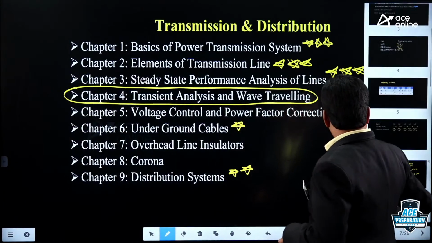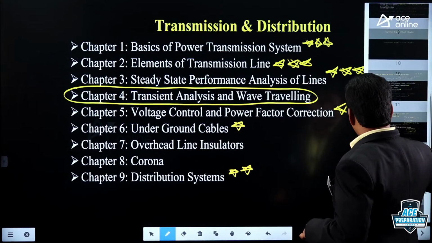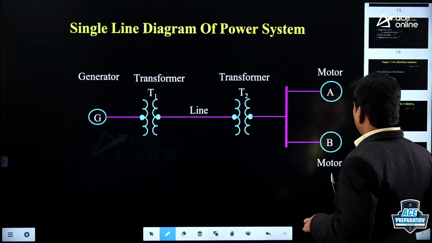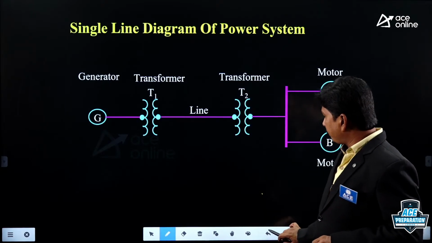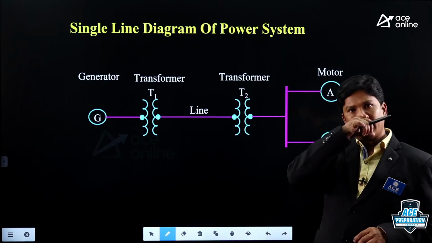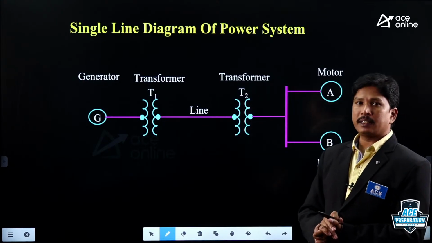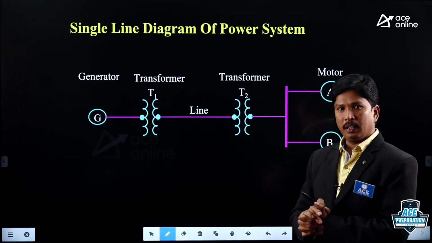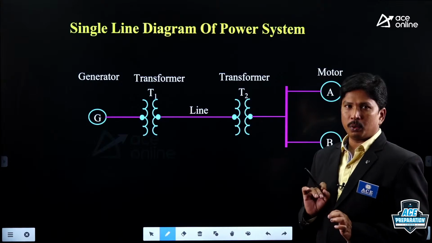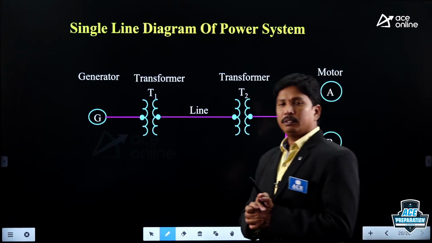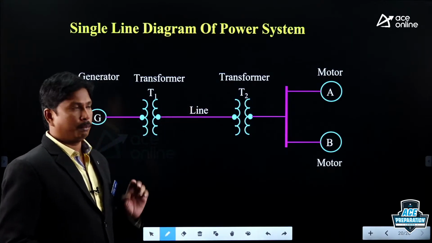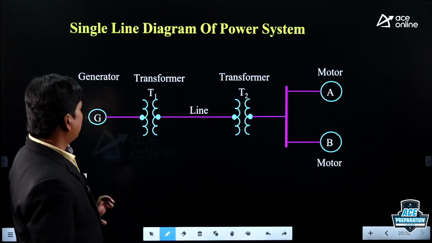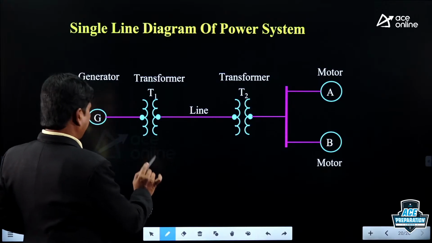Now coming to this, see here, this is the single line diagram of the power system. In the single line diagram of a power system, we have the generators and we have the loads. The first categorization, between generator and load, can be done based on the active power.